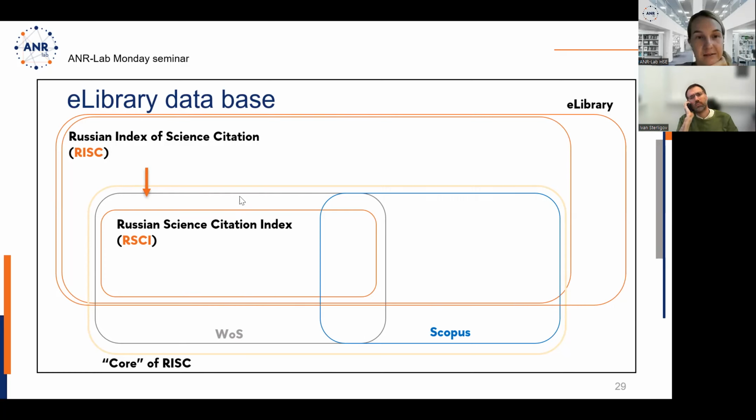Once again, for Web of Science, we would have some journals which are indexed in Russian Science Citation Index, which would be Russian journals, but our scientists also publish papers in other journals, so that's why this set of papers would be larger than just this Russian Science Citation Index.